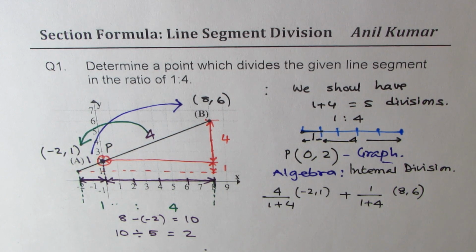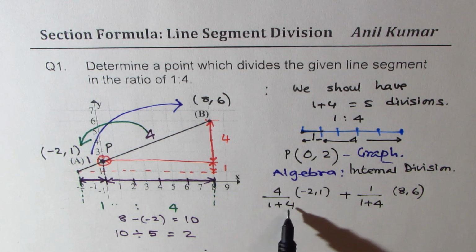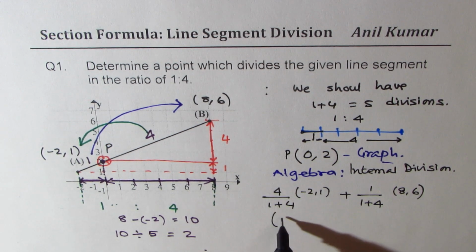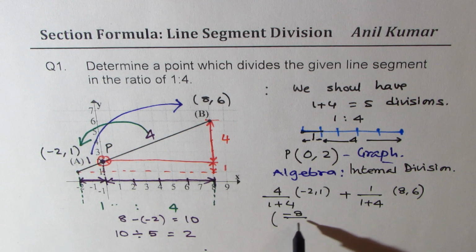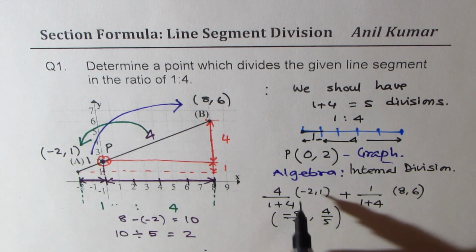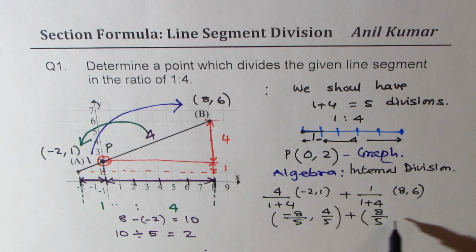Okay, derivation of the same is also given in one of my videos. I can always pass on that link to you. Now let's open this. Clearly it is 4 over 5, right? So when you multiply by minus 2, I get this point as minus 8 over 5, comma 4 over 5. Second, 1 times, so 8 over 5, comma 6 over 5.